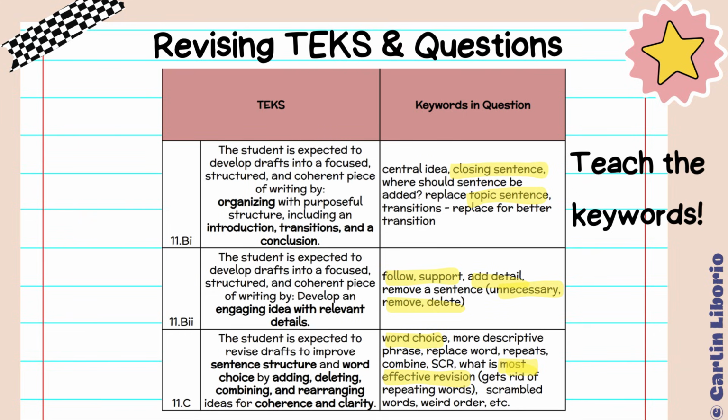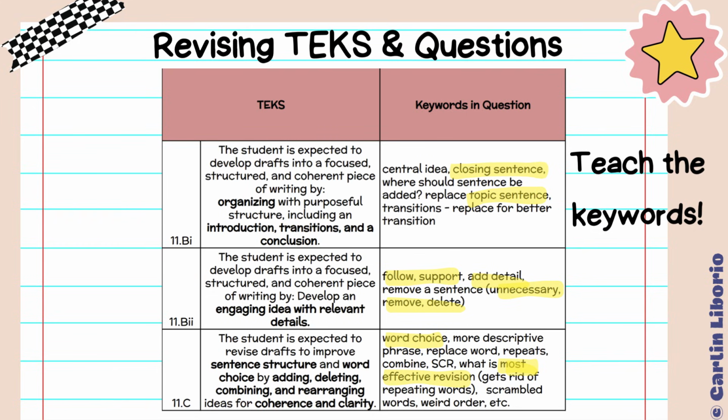Okay, these are some of the vocabulary words that could be the keywords in the questions that are based off of the TEKS. So I kind of made this as a little cheat sheet. These are the 3 main revising TEKS for all grade levels. And they change a little bit, but not much as you go all the way up to high school.